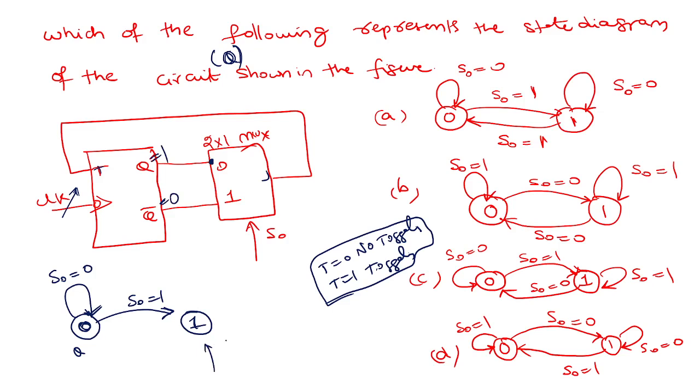Now we are here, Q equal to 1. Now you apply S naught equal to 0. What will happen? This one will be passed here, and this one will come back here. The clock is available, then there is a toggling. So S naught equal to 0. Obviously, the other one is S naught equal to 1. So which option is this? Option C. Perfect. Option C is the right answer.